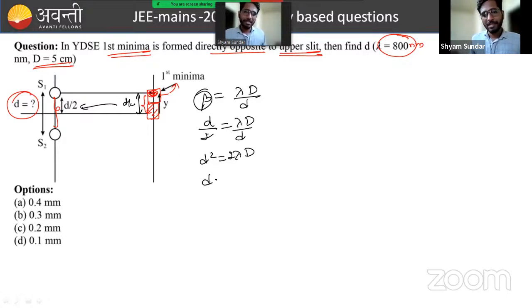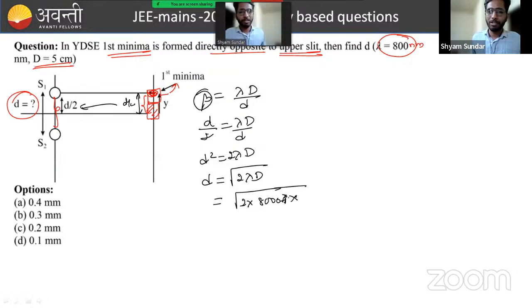Correct now? Hence d, the total difference between the two sources, equals under root of 2 lambda D. Substitute the values. Under root of 2 into lambda, which is 8000 angstrom, write it that way, no problem, 10 to the power of minus 10.